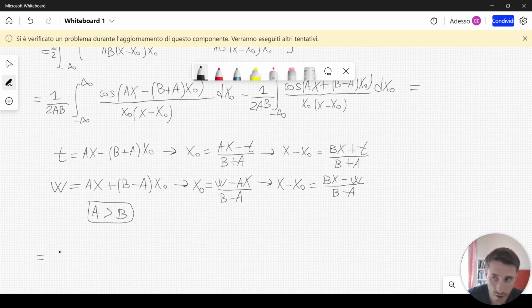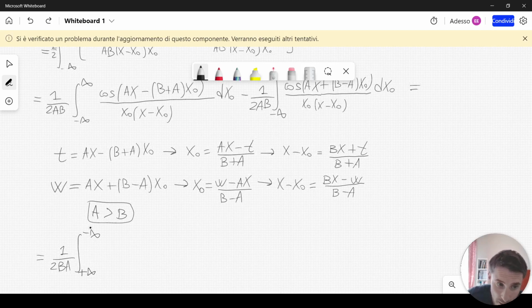So this is equal to 1 over 2ba, or ab, whatever you want to write it, and then we have integral, and now here I have plus infinity to minus infinity, because if you check from here, if x0 starts at minus infinity, you see that with this minus sign, the minus infinity will become a plus infinity. So that's why we have plus infinity, because b and a are both positive.